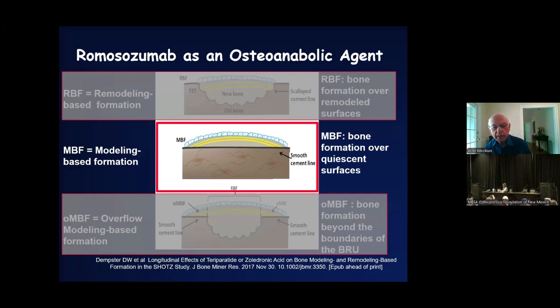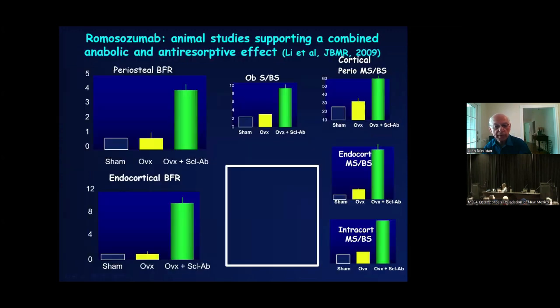So in terms of Romo, most of us are thinking that this is initially and primarily a modeling-based drug, which is interesting because we didn't think before that humans had the capacity to grow bone on quiescent surfaces.